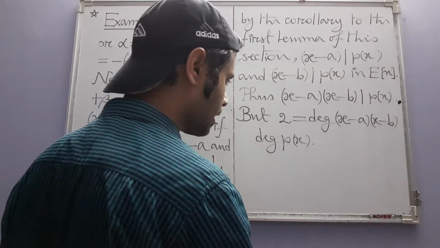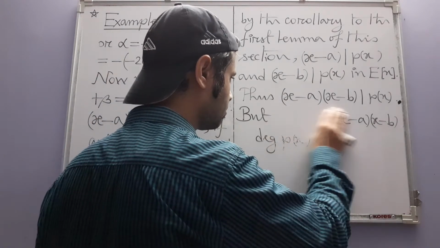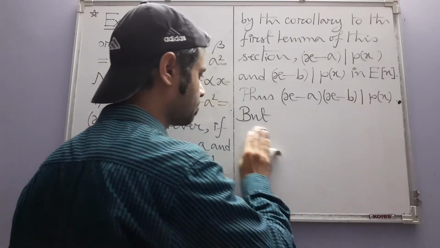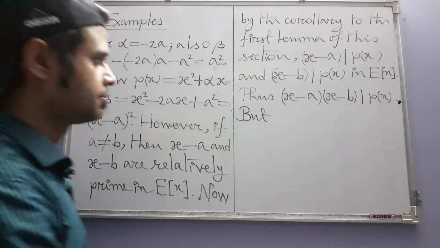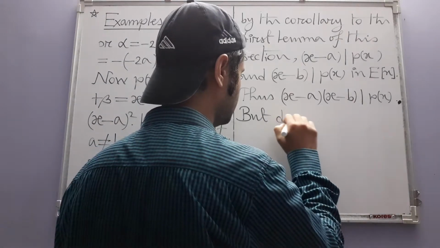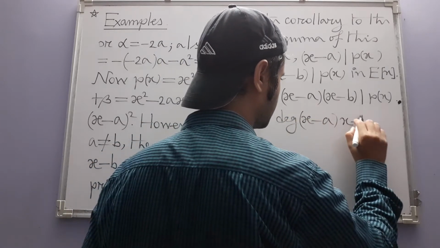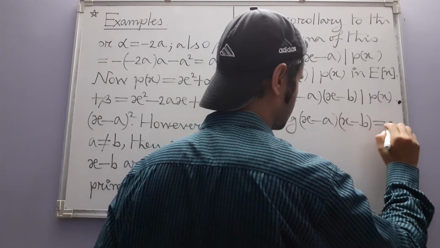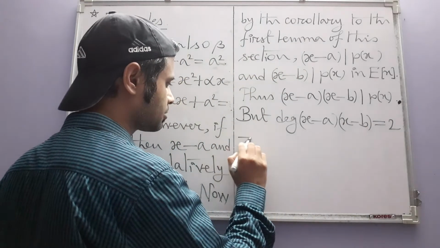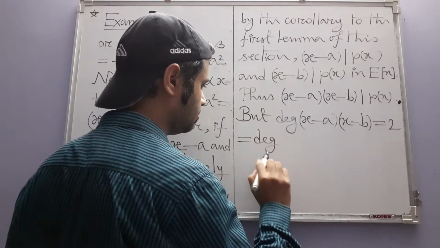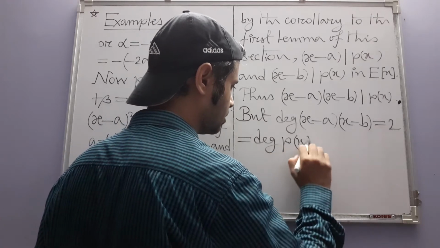so this is not how I should have written it, but the degree of x minus a times x minus b is equal to 2, which turns out to be equal to the degree of our polynomial.